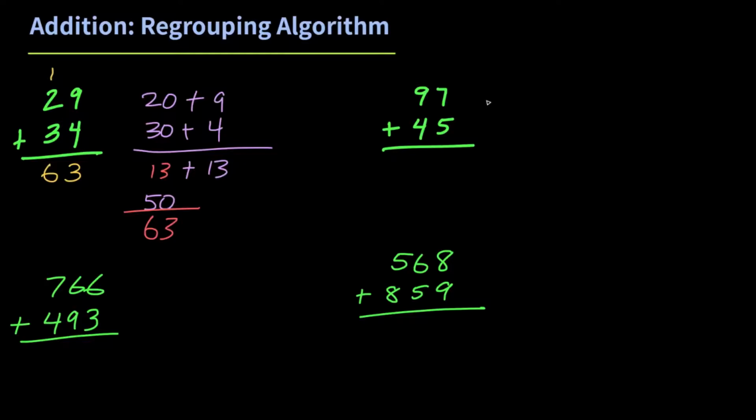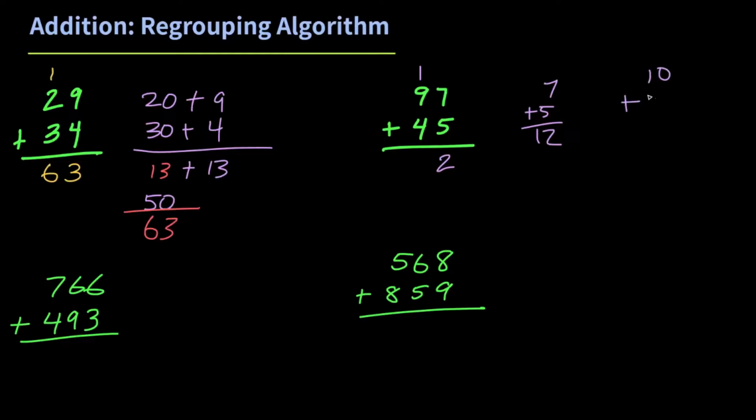Now we'll try this again, this time without using expanded form. So we have 7 plus 5. Well, 7 plus 5 is 12. So we're going to put the ones here, we have 2 ones, and carry over that extra 10 into the tens column. And now we have 10 plus 90 plus 40.